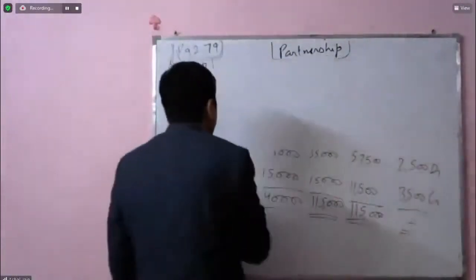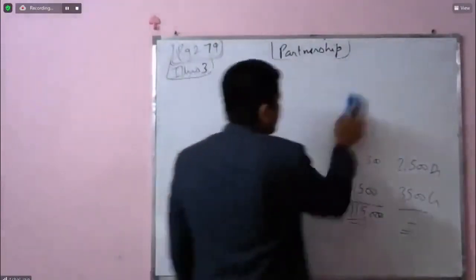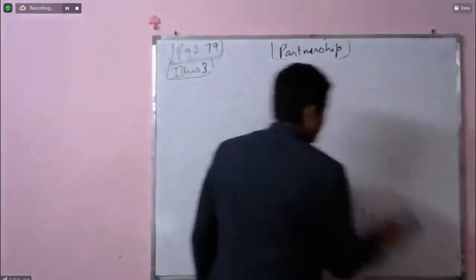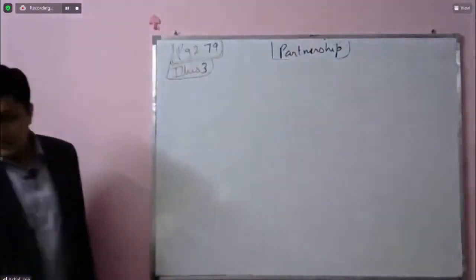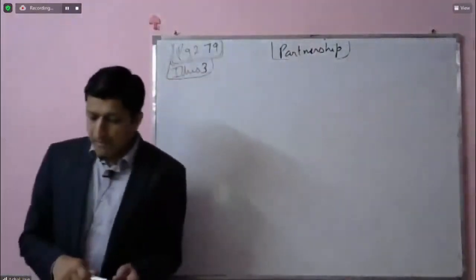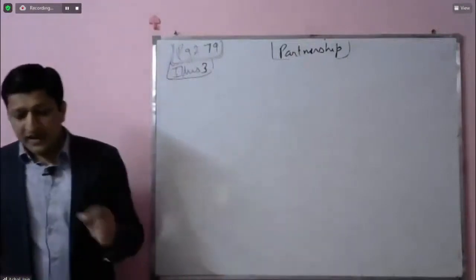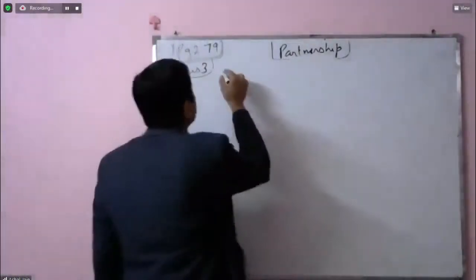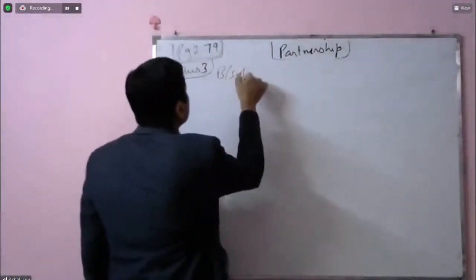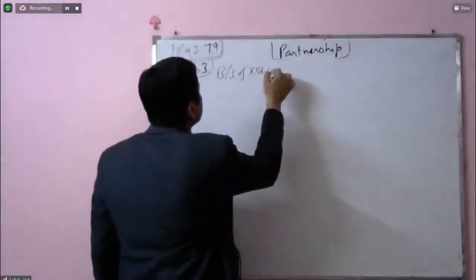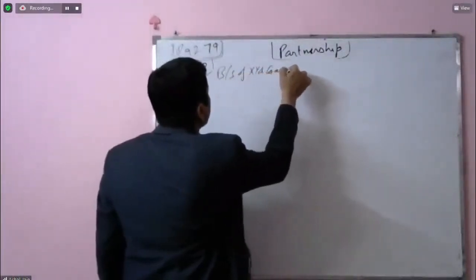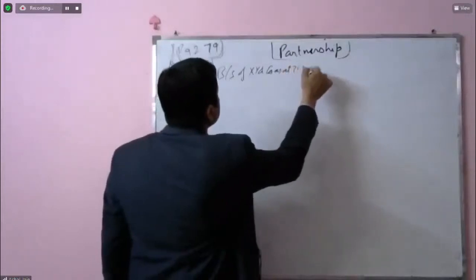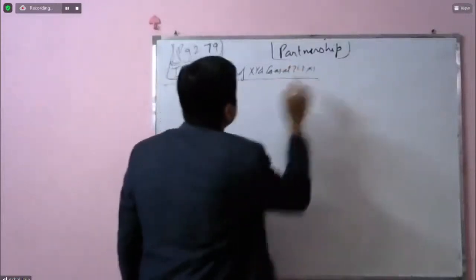Quickly, if you can go to the balance sheet, please. Balance sheet of X, Y, and company as at 31st March X1.